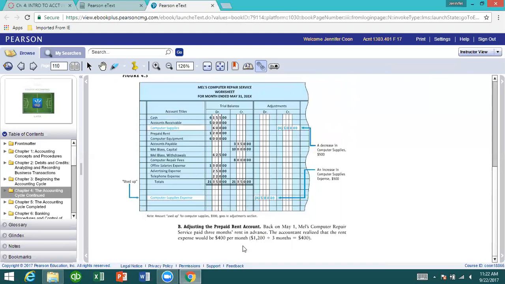So if we started out and we paid $1,200 up front, and our prepaid rent account, as you can see here, is $1,200, and we've used up a month of that, then how much is 1 month of rent? We'll divide it by 3, right, because the $1,200 represents 3 months, and that leaves us with $400 per month. We've used up 1 month, so we would have to come in and credit our prepaid rent, and we would recognize that we've used the rent, so it would be a debit to rent expense.